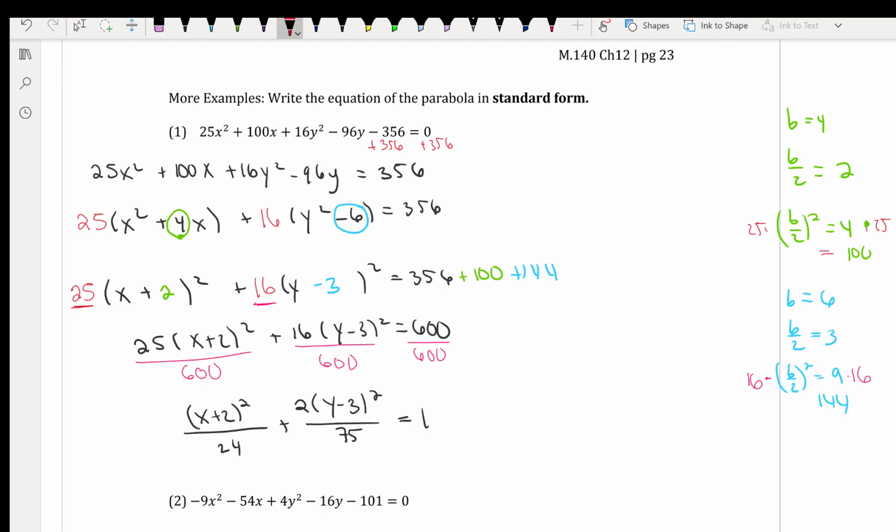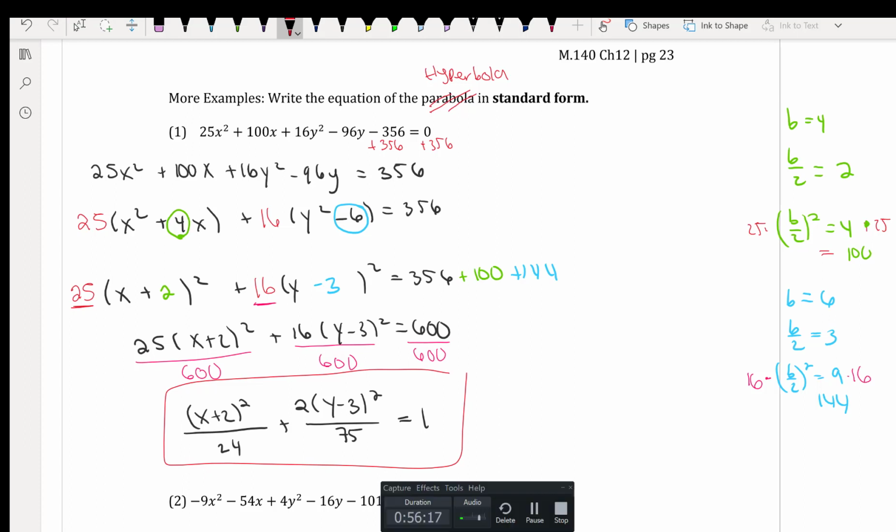And I know that this is parabola, but it really should have said hyperbola. And actually, this is not a hyperbola. This is actually an ellipse because it's added together. So I'm thinking something went wrong here, but that's okay.